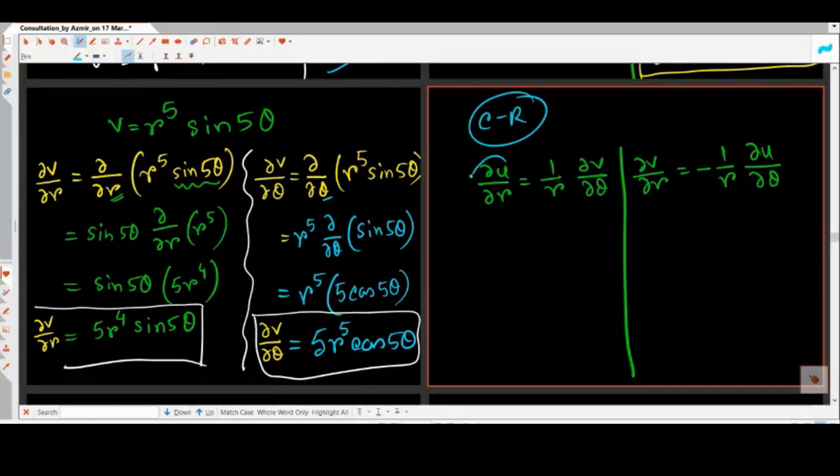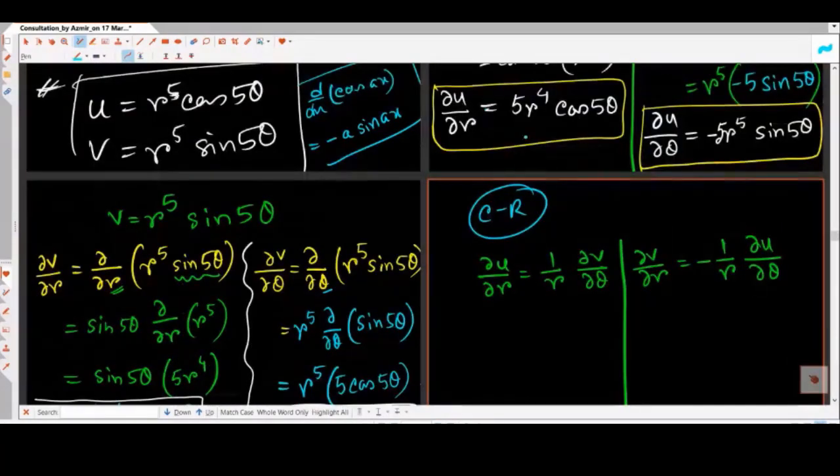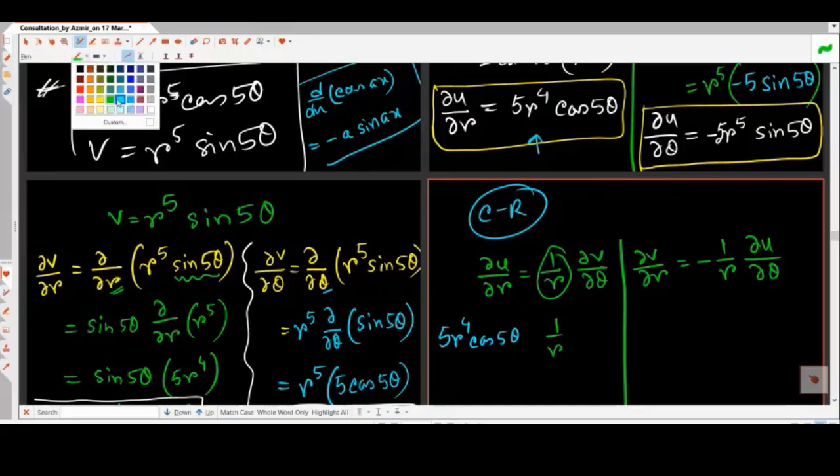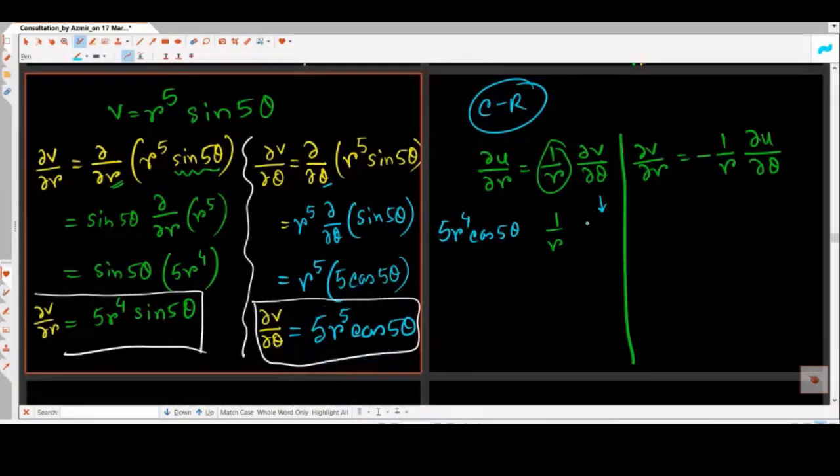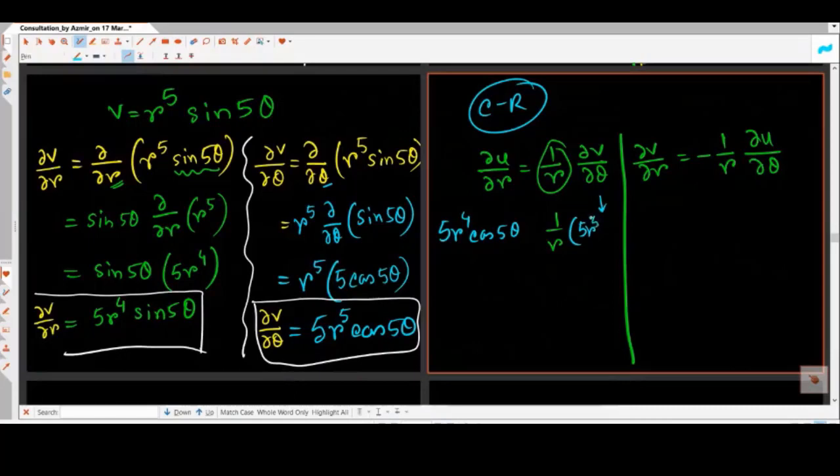So let's first look at this one, du dr. We have found 5 r to the 4 cosine 5 theta. On the right side, don't forget that we have 1 over r already, and now we need to locate dv d theta. So dv d theta is this one, that is we have 5 r to the 5 cosine 5 theta.